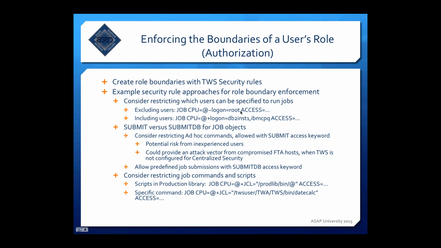So we could put root, comma, administrator, comma, whatever other users we want. Basically, the tilde and then the keyword logon restricts access to whatever IDs are listed afterwards. The plus in this case says we're only allowing users in jobs that are specified as db2inst1 and IBM CPQ. So these are the only two users allowed, and this one says root is restricted.